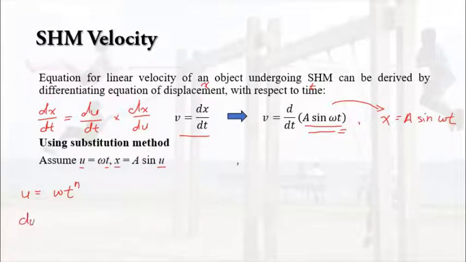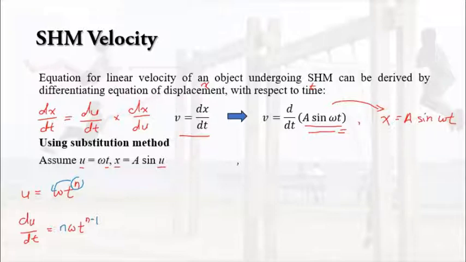If you differentiate u with respect to time, you take this power n to the front, so you have n, and then rewrite omega t with the power of n, but now you have to minus 1. This is how you differentiate the variables and equations.